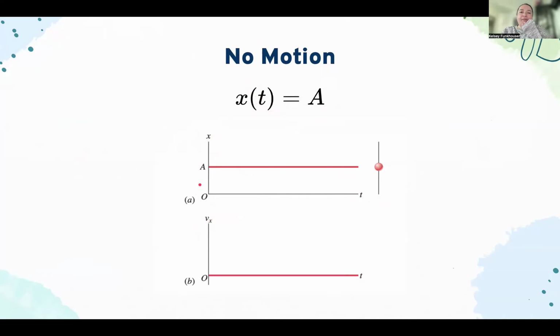In our position graph, our value is marked at A, and then it's just a straight line telling us that our object is not moving. In the previous lecture, we talked about how velocity is the time derivative of position. If position isn't changing with time, the velocity is 0 the whole time.